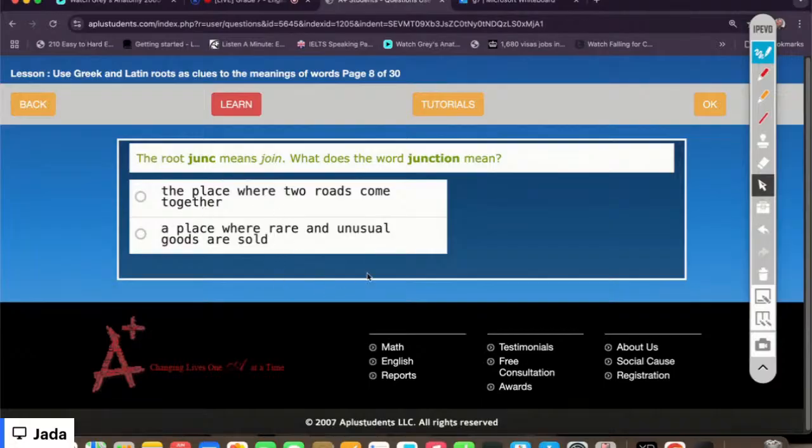So the root junc means join. What does the word junction mean? The place where two roads come together, or a place where rare and unusual goods are sold.